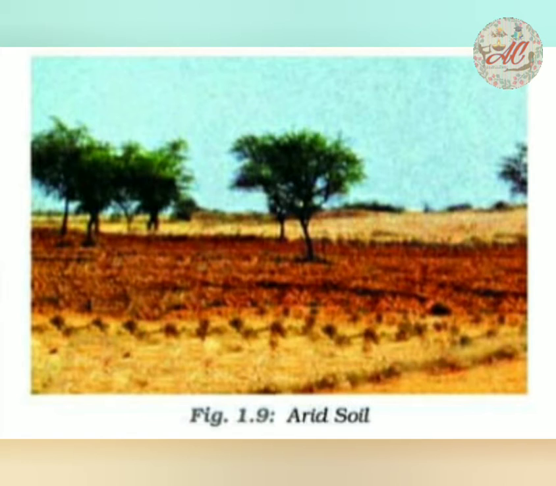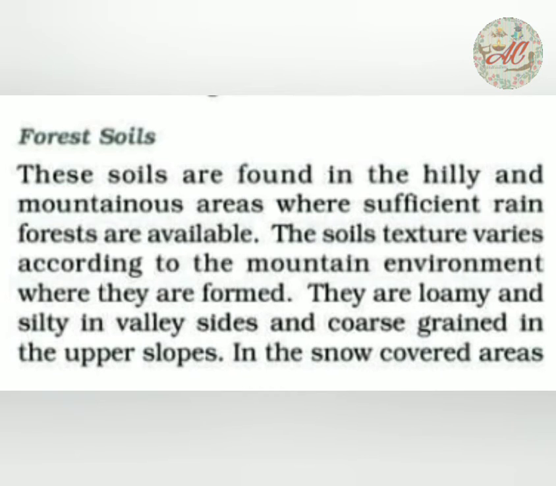Next is forest soil. These soils are found in the hilly and mountainous areas where sufficient rainforests are available. The soil texture varies according to the mountain environment where they are formed. They are loamy and silty in the valley sides and coarse grained in the upper slopes. In the snow covered areas of the Himalayas, these soils experience denudation and are acidic with low humus content.